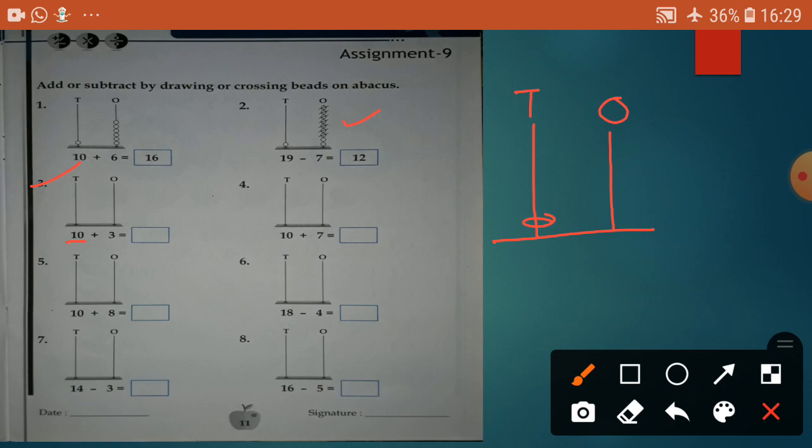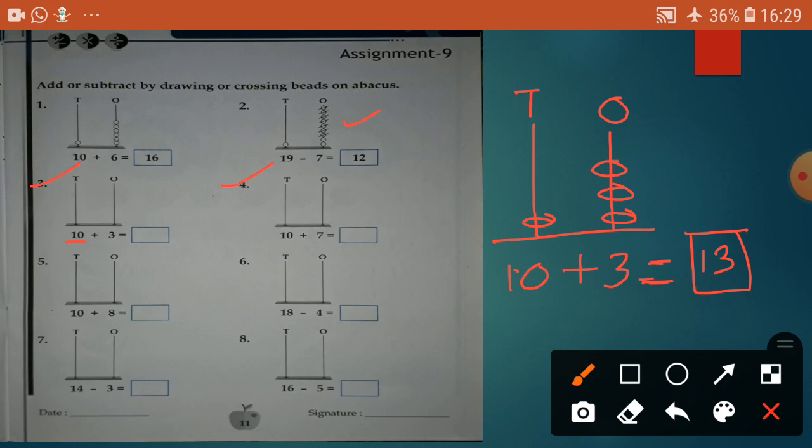Then 3 means add 1, 2, 3. So 10 plus 3 is equal to 13. Okay.